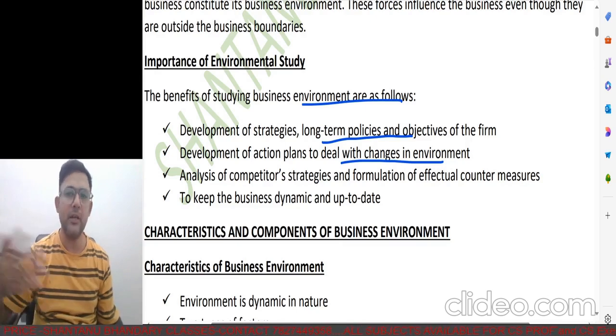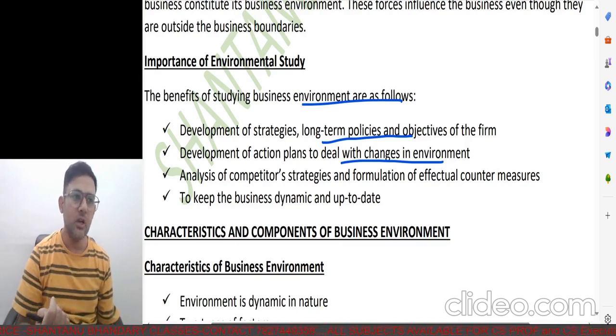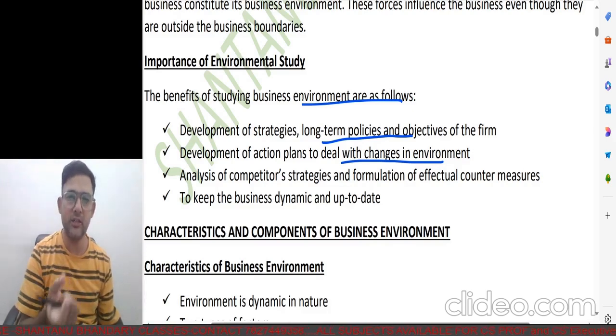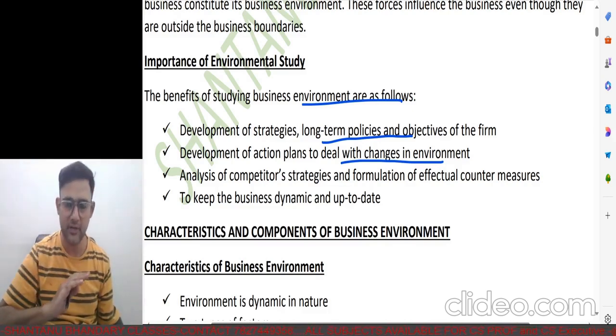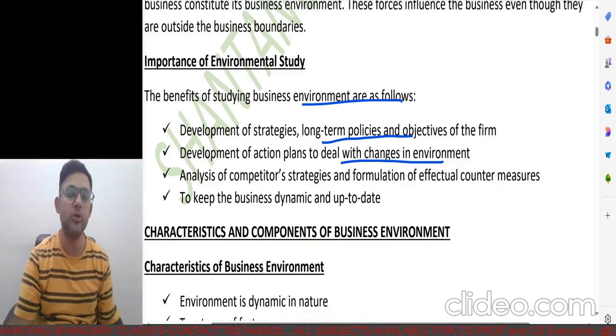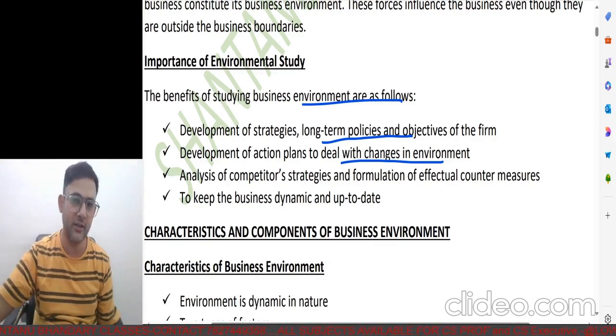I'm just taking this as an example, it may not be 100% correct, but what I'm trying to say is that whatever one company does, if they are close competitors, the other company will try to do it better. If they've been paying so much to these film stars, the other company will not be left behind. They are also ready to pay more to someone who is bigger than that. So I think this is all that happens.